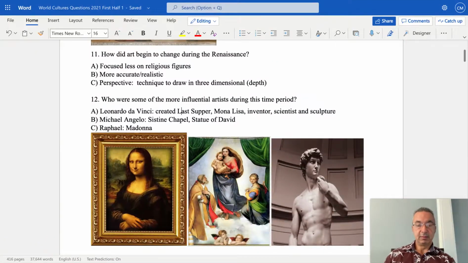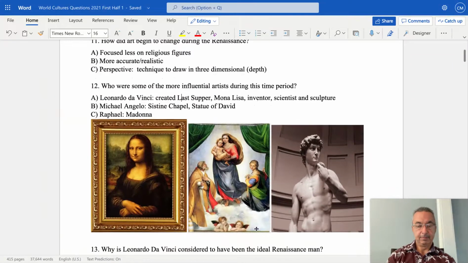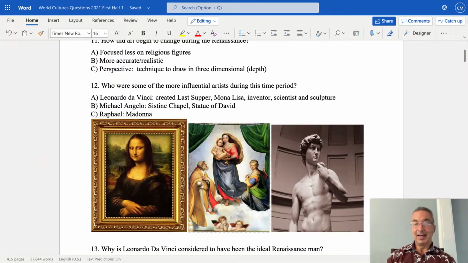Okay, and you can see some of the things that we mentioned here. The Mona Lisa on the left, the Statue of David on the right, and a Madonna photo in the center. So when we think about Da Vinci, why is he considered to have been the ideal Renaissance man?